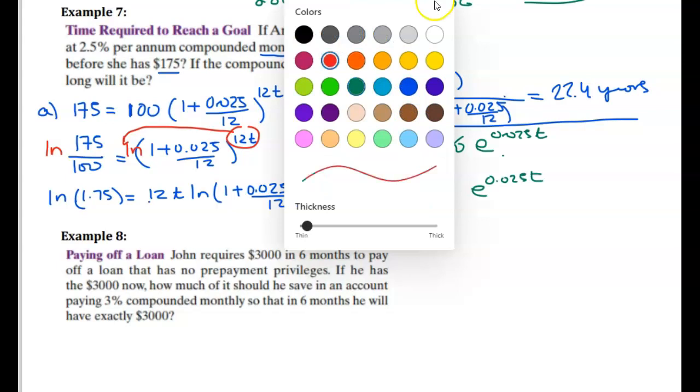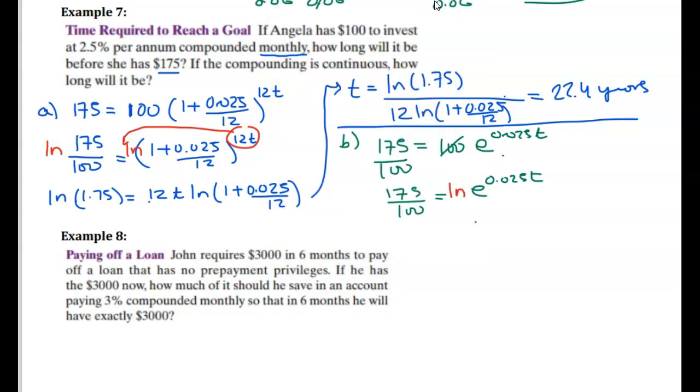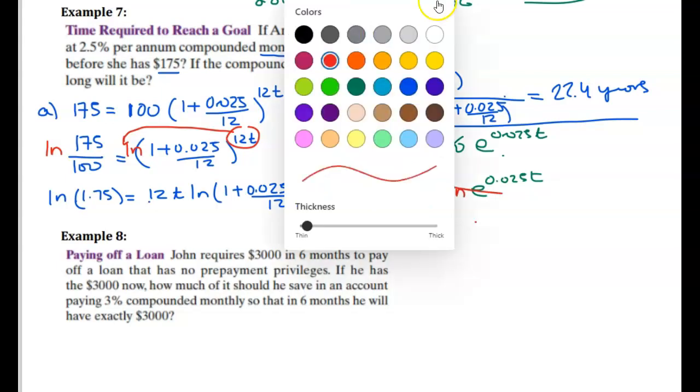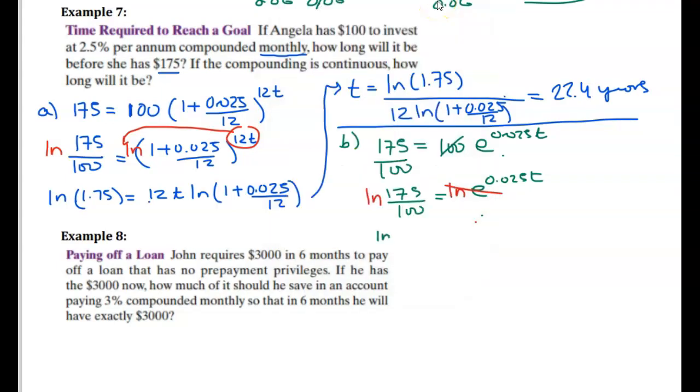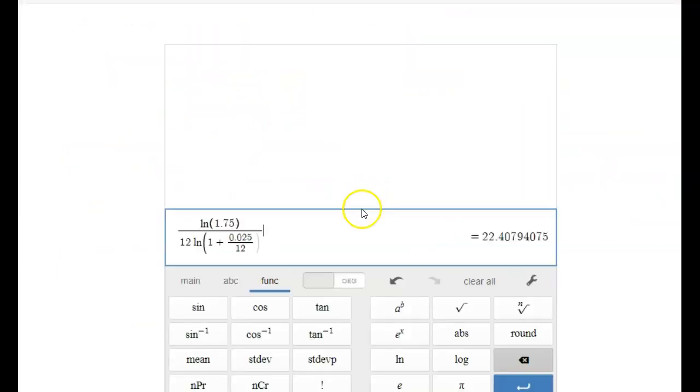Take the log of both sides. So log of this, log of that. This cancels because we have base e. We have log of 1.75 equals 0.025t. So t is going to be log of 1.75 divided by 0.025. We're going to figure that out.